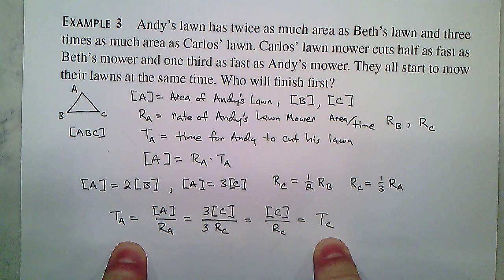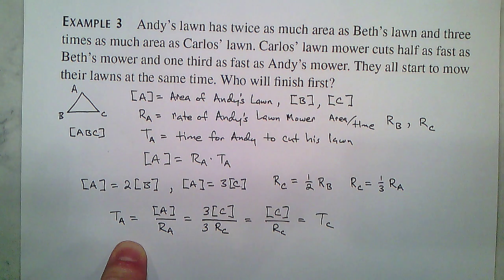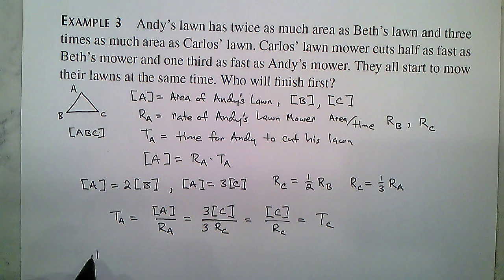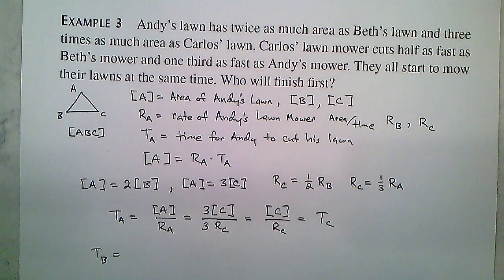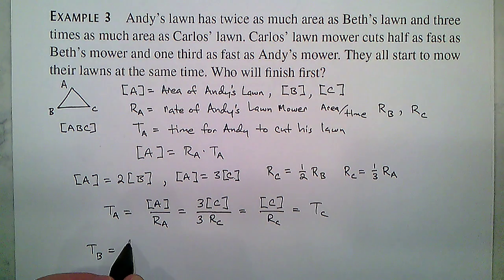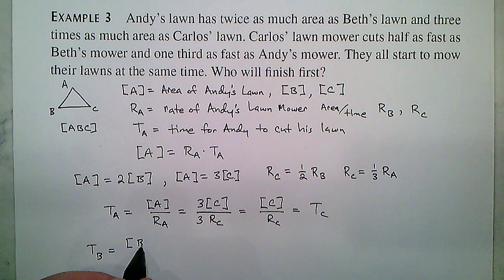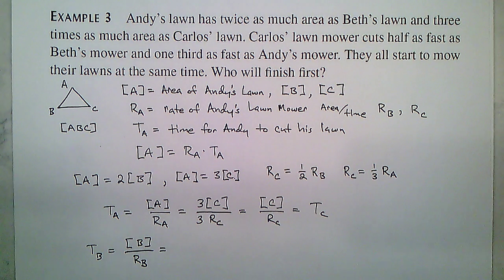Now, if I haven't made a mistake, it seems as though the answer should be Beth, but let's verify that. Let's compute the time for Beth. Beth's time is her area divided by her rate.